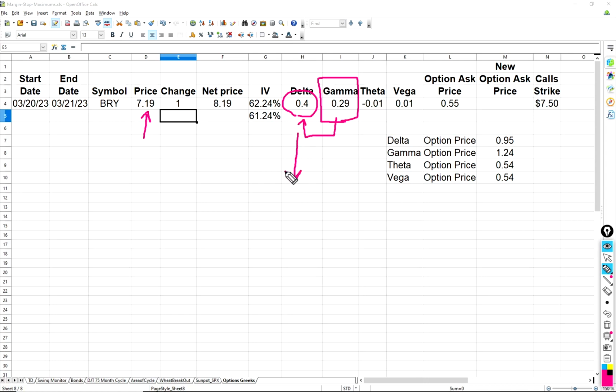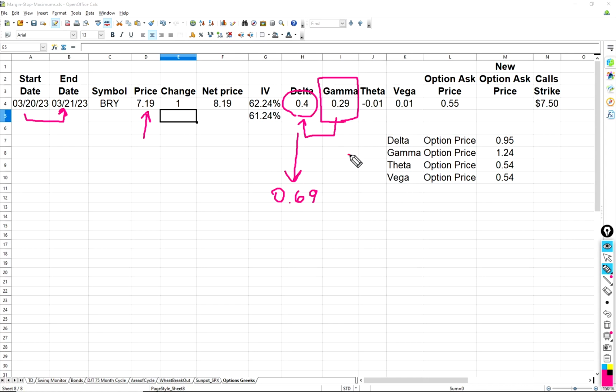So 40 would become, in this case, 0.69. So if the price of the stock, from this Monday to Tuesday, one day to the next, went from 7.19 to 8.19, gamma says that delta should go up by 29 cents.